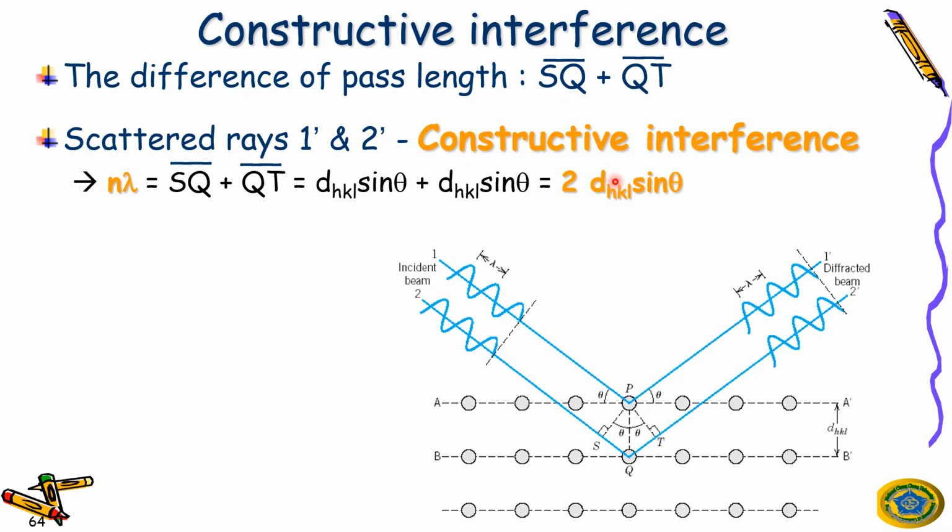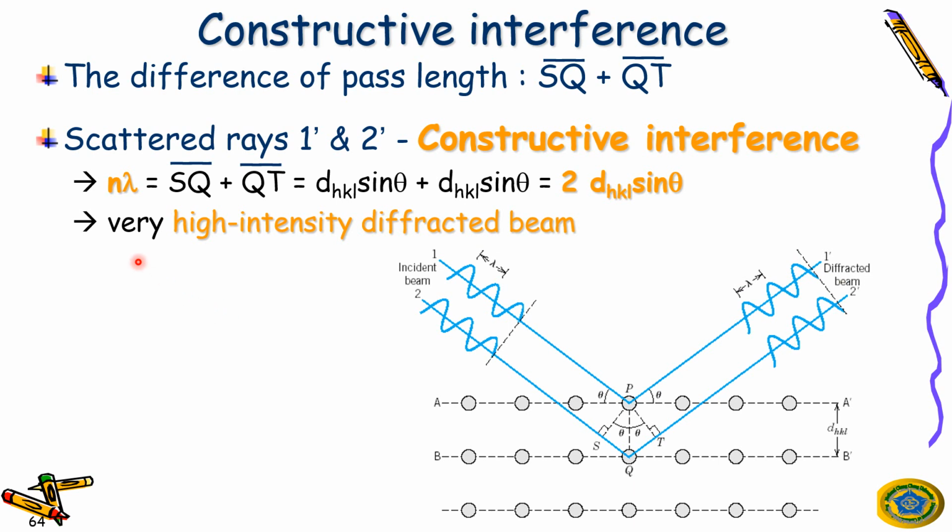This is d sine theta, and then plus another d sine theta. In the end, n lambda will be equal to 2d sine theta. So you get a very high intensity diffraction beam here if this is constructive interference.